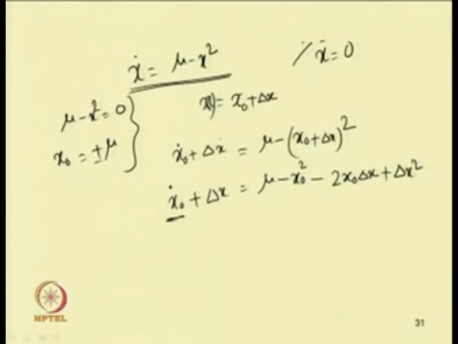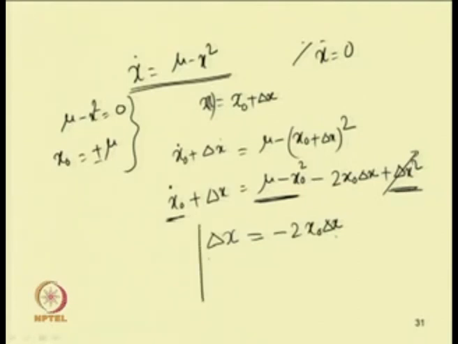But x0 dot corresponding to the equilibrium position is equal to mu minus x0 square, so this becomes 0. Our remaining terms become delta x dot equal to minus 2 x0 delta x. We have neglected delta x square, as delta x is very small, so delta x square will be further small.